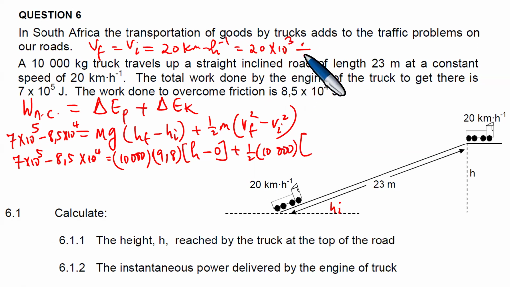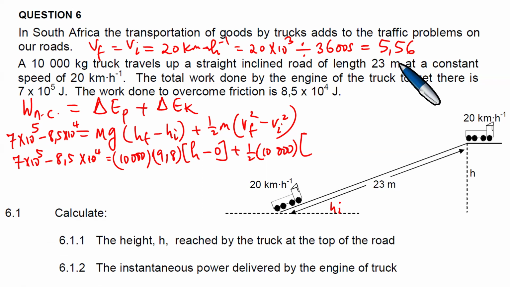And once again, you divide, because in an hour you have 3,600 seconds. If you divide, we get 5,55 meters per second, or we can call it 5,56, because it's 5,55 and so on. So 2 decimal places is enough.